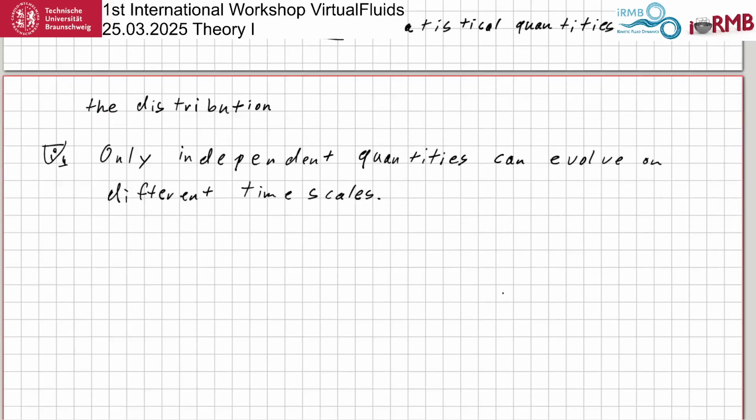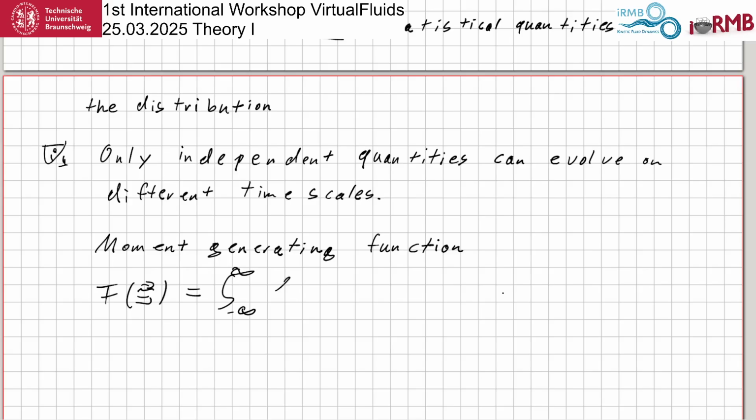For this, we return to the moment generating function, which is F as a function of xi, this integral of f times e to the power of xi dot c, integrated over c. F is a function of all its moments.